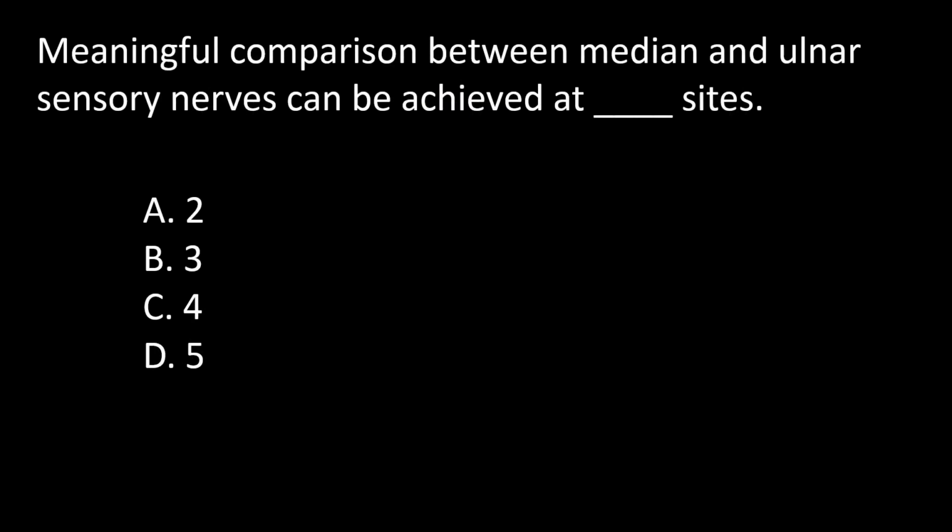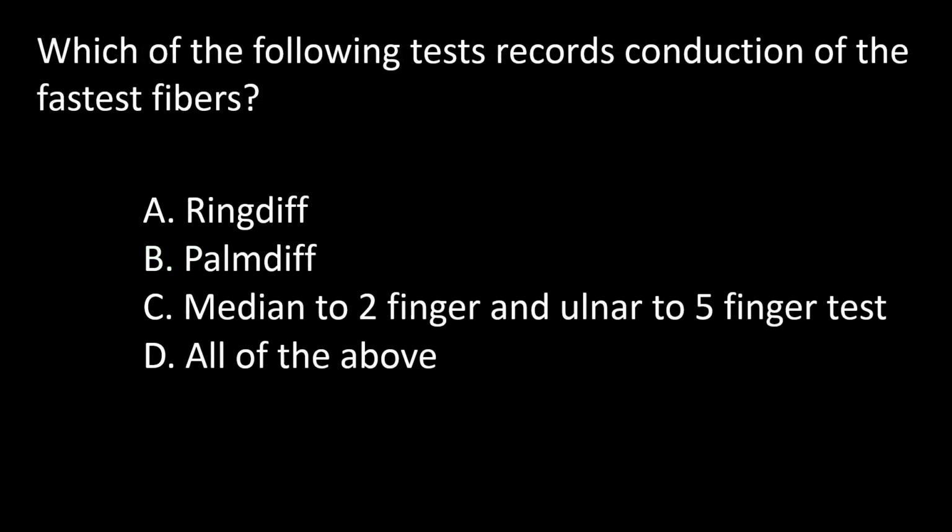So the answer to this question is B. Next question. Which of the following tests records conduction of the fastest fiber? A, Ring diff. B, Palm diff. C, Median to second finger and ulnar to fifth finger test.